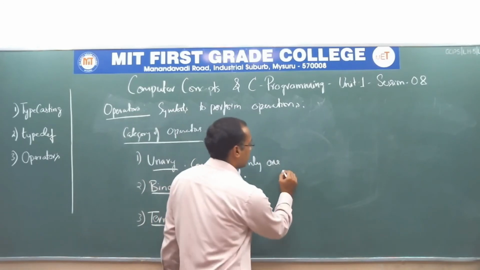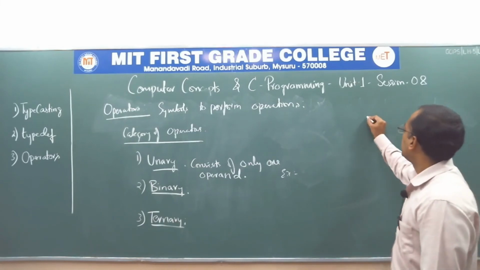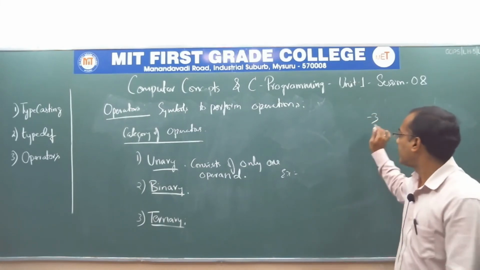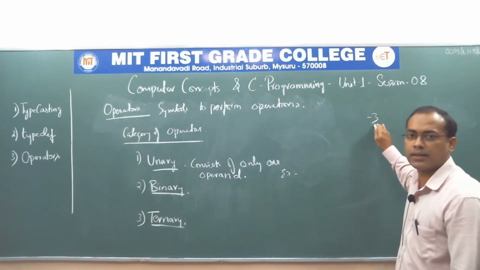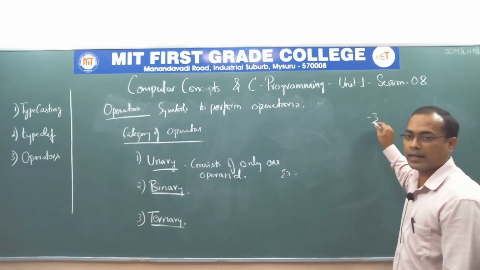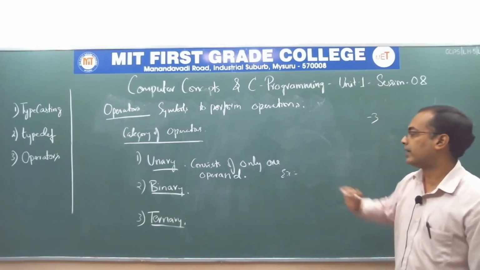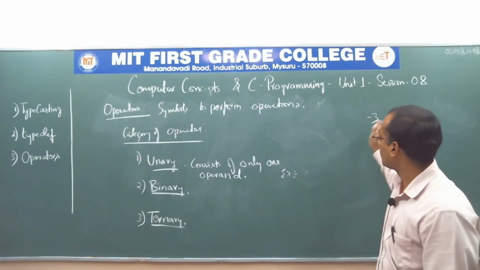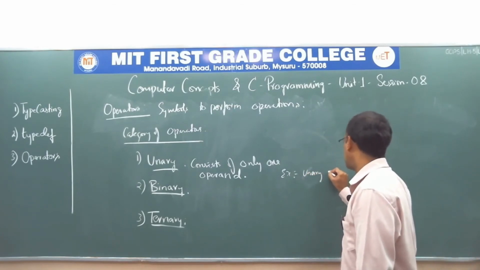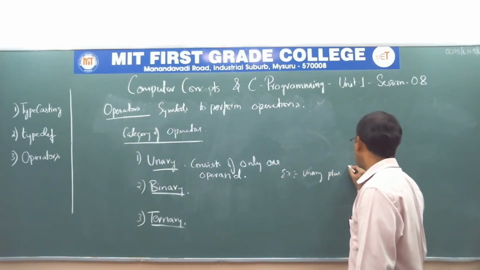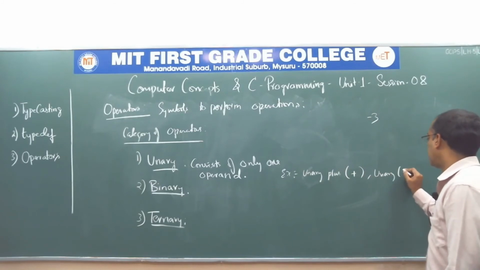We will see which examples come under it. In mathematics, if you say -3, this is valid, right? Here minus is the operator and this is the operand. So since there is only one operand, we call this a unary operator. Now we can call this category unary plus as well as unary minus.